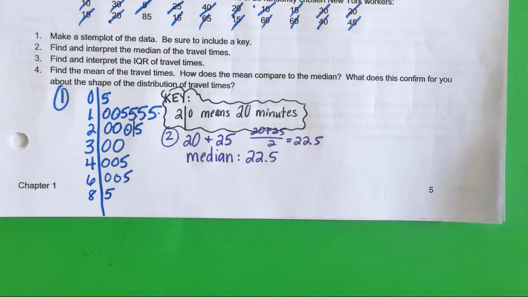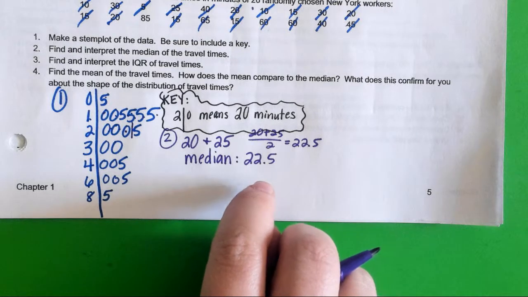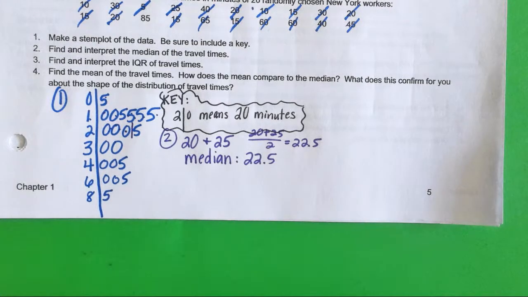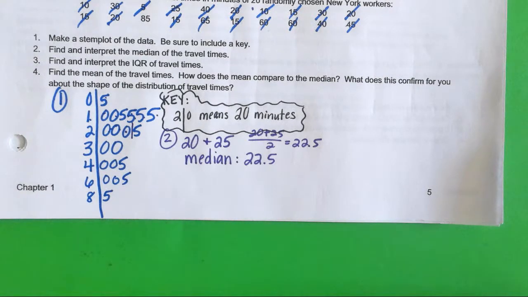Now what sucks is that is the median value, but that median value actually never occurred. Okay, so we found it, yes, but we haven't interpreted the median value of the travel time. So how do we interpret that 22.5? Roughly the amount of time it takes for New Yorkers to do things. What are they doing? Get to work.